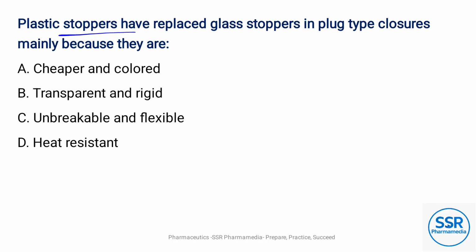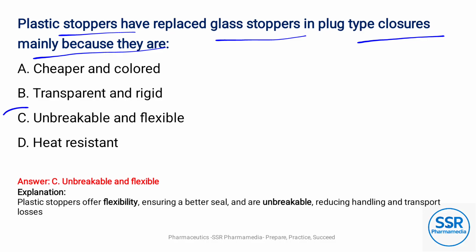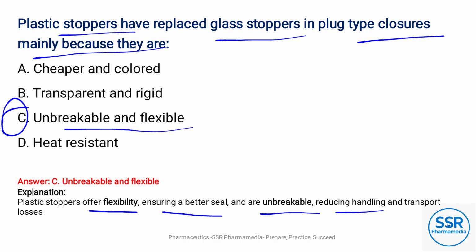Plastic stoppers have replaced glass stoppers in plug type closures mainly because they are, option C is the answer, unbreakable and flexible. Plastic stoppers offer flexibility, ensuring a better seal, and are unbreakable, reducing handling and transport losses.